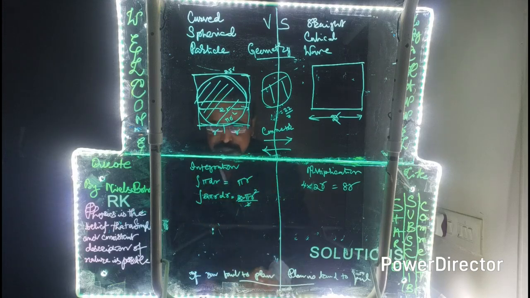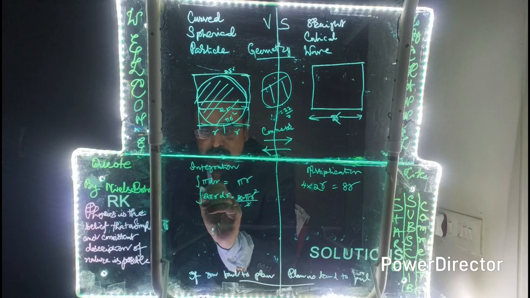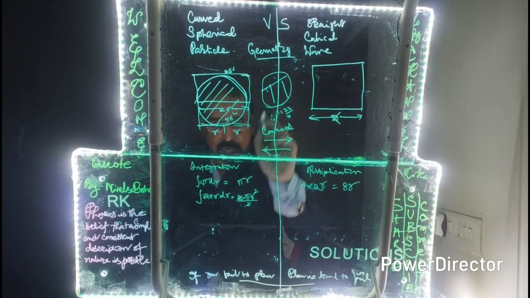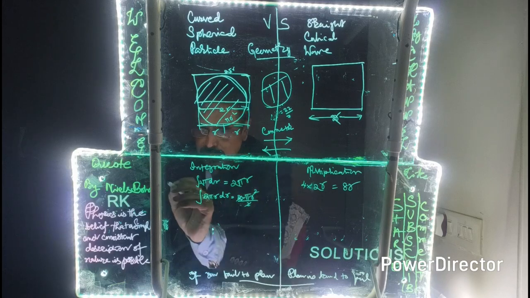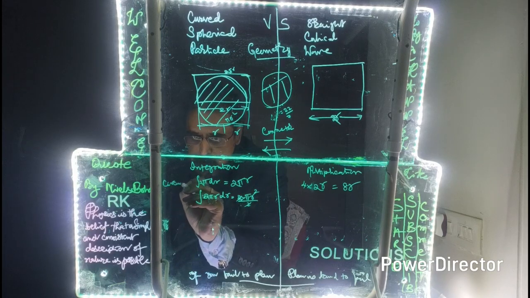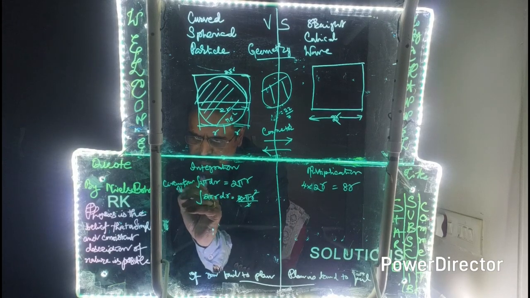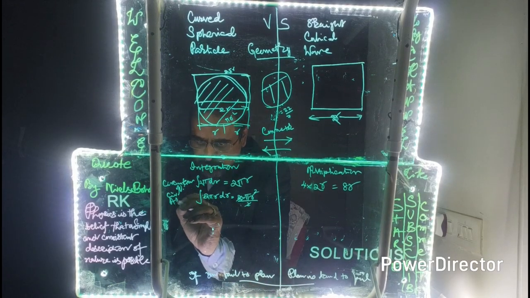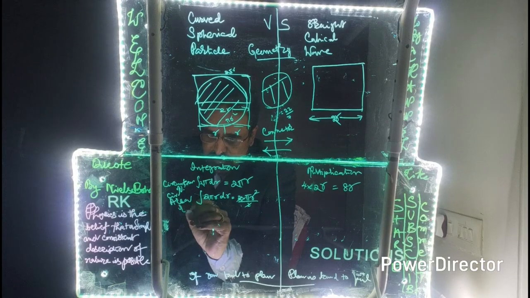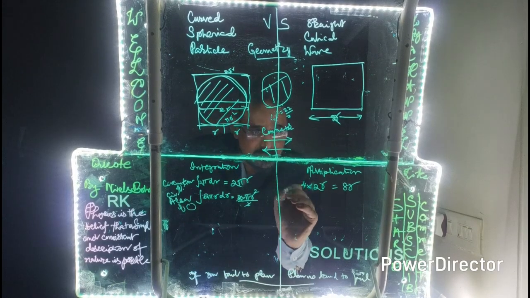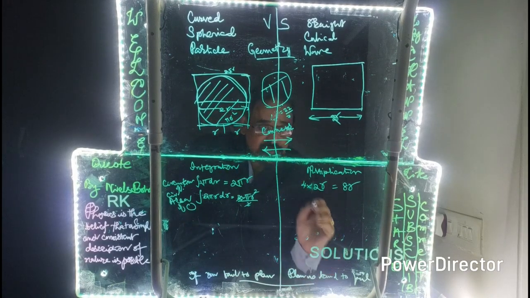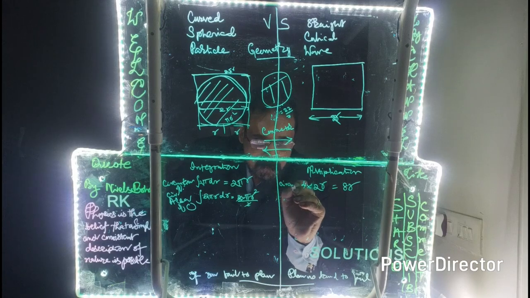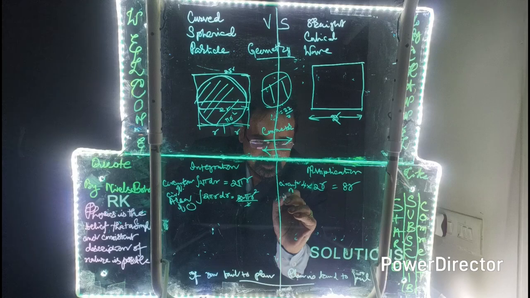Let us take 2 pi r. This is the circumference of the circle. This is the area of the circle. This is basically the circumference of the square.